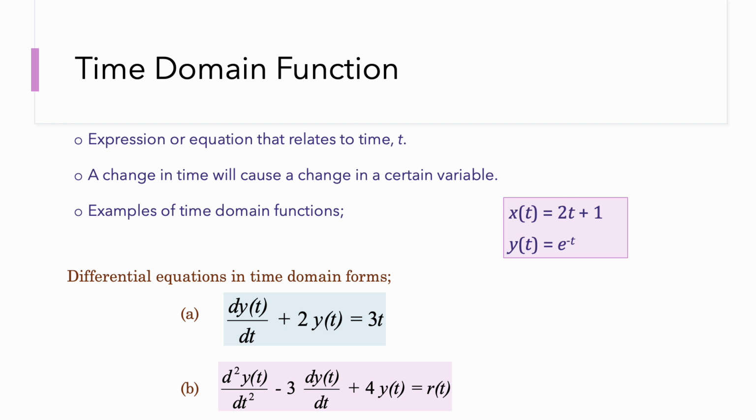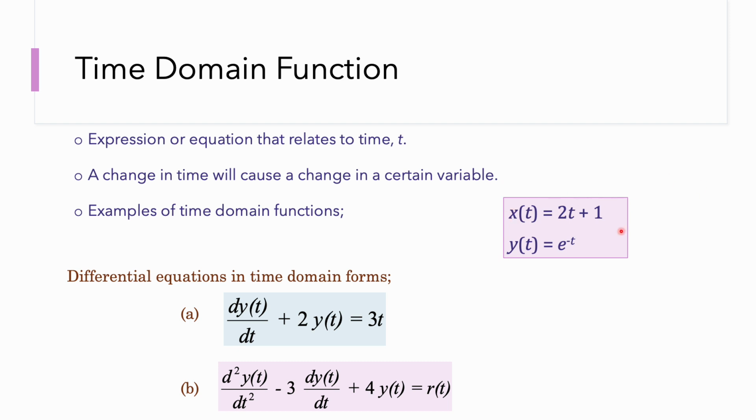Okay, now let's look into the time domain function. You are usually familiar with the time domain function from our previous chapter. A time domain function is an equation or an expression that relates to the variable of time. So a change in time will cause a change in a certain variable.